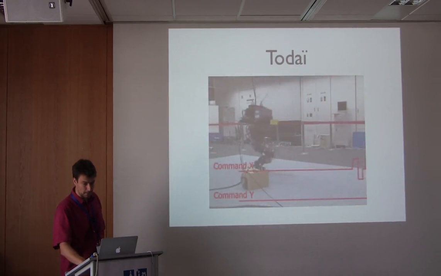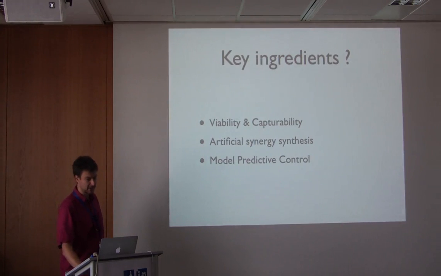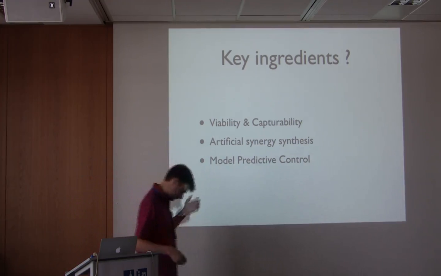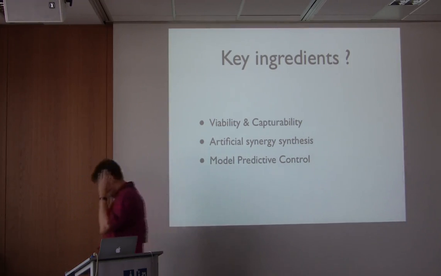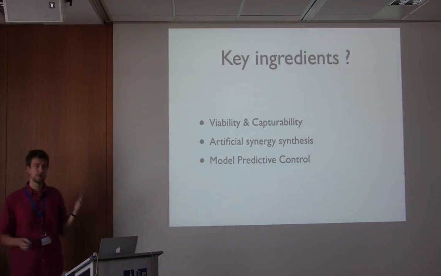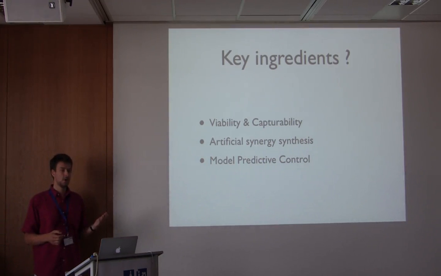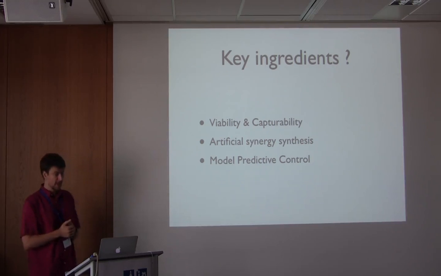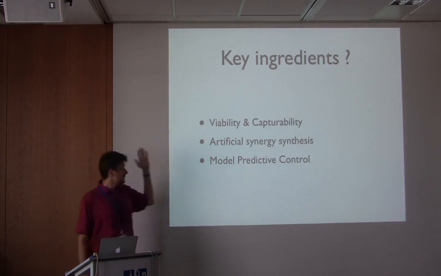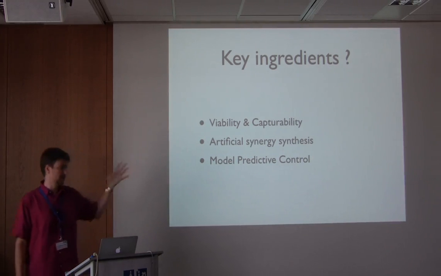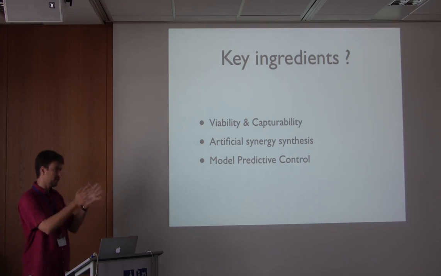So, what are the key ingredients here? Just to wrap up: you have the observation that what we want is viability or capturability. You have those two things. And the key ingredient which was used all the way was this idea of artificial synergy synthesis, saying we focus on a few degrees of freedom, and especially on the motion of the center of mass.